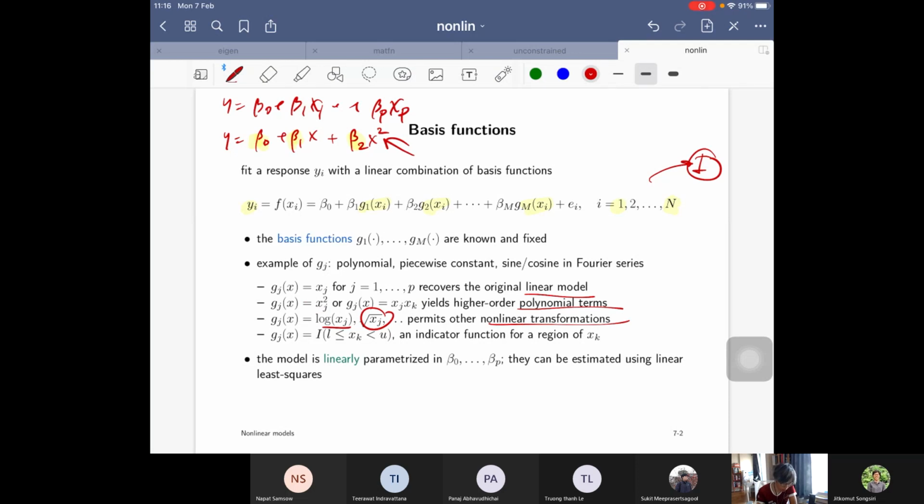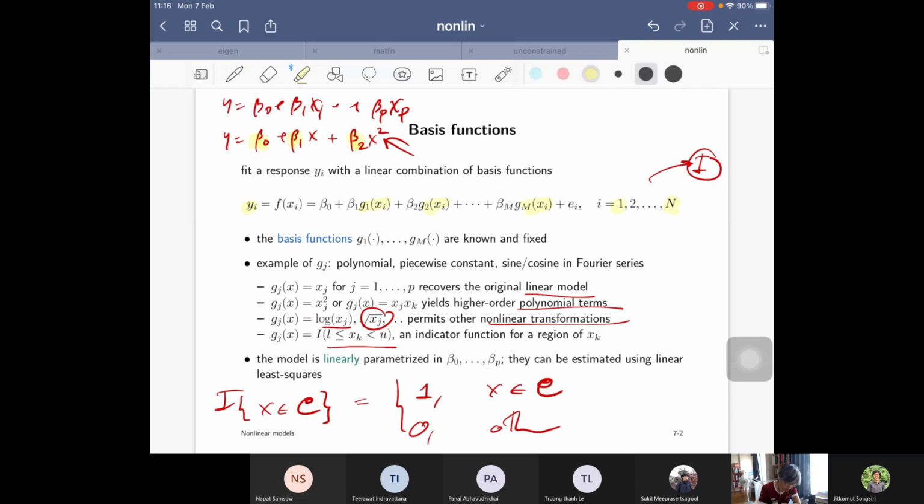Or the last example, it can be an indicator function. An indicator function is typically defined with respect to some set, some criterion of x. This means that it returns 1 when x belongs to that set, or satisfies the criterion, and returns 0 otherwise, right?